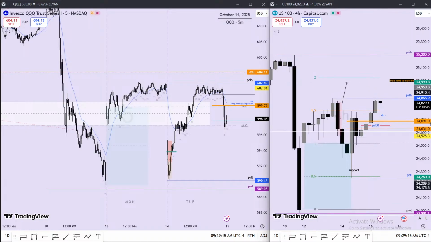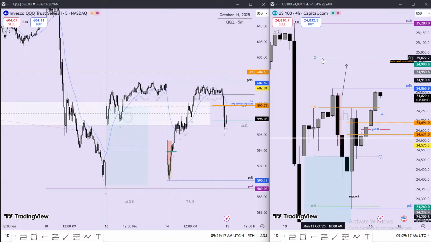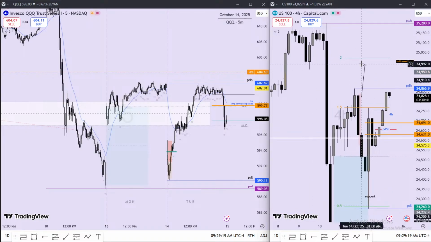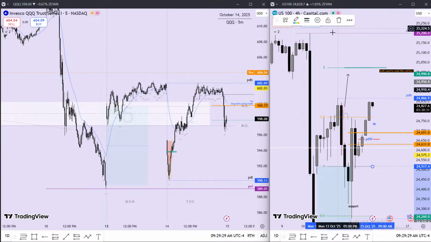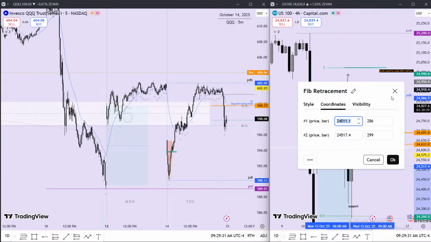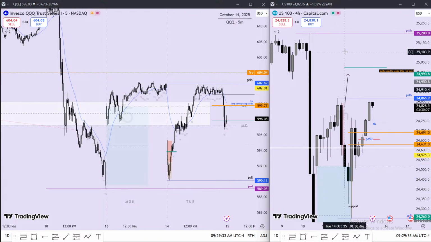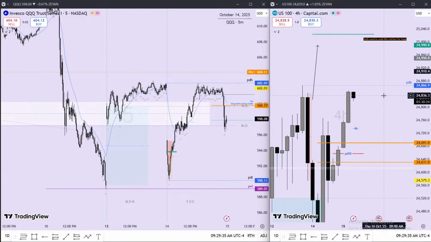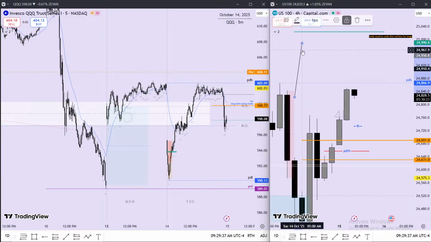So all in all, this is a good target for today. If we reach this target, I'll make it bold. We have 30 seconds left until the market will open.